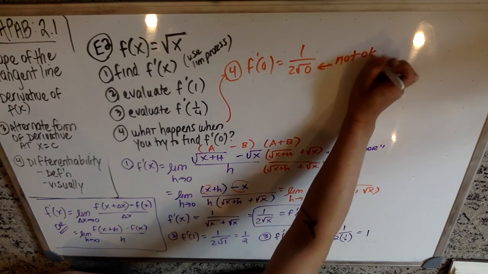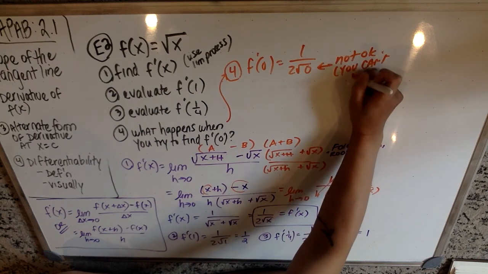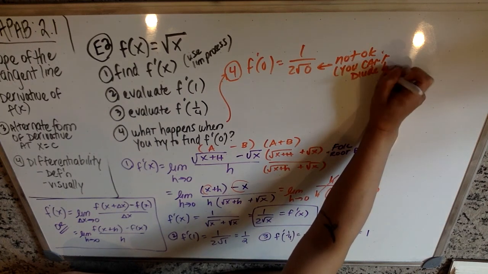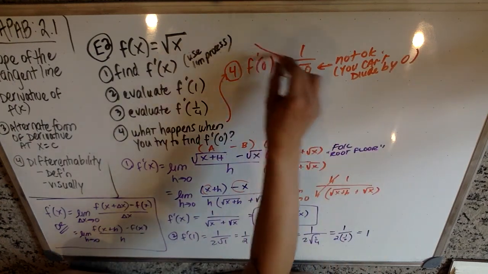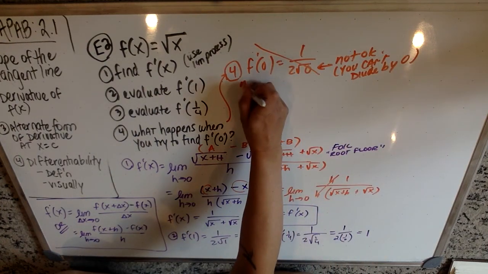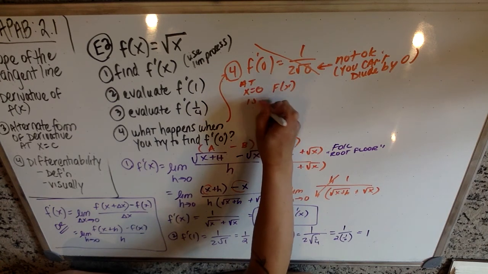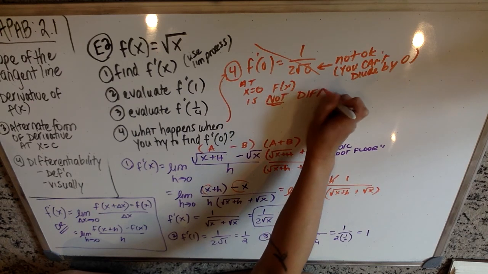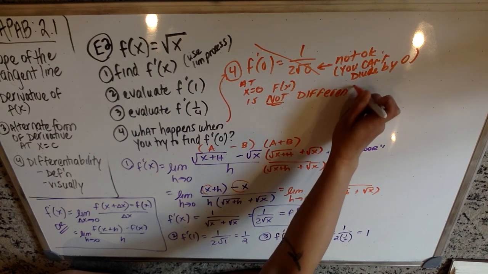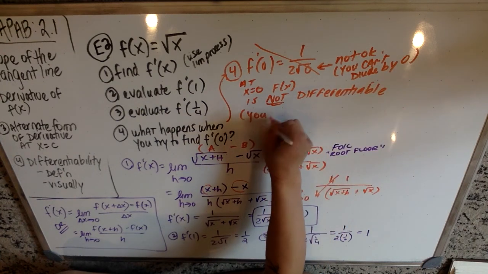You're not allowed to divide by 0, so you can't divide by 0. So that's not the answer. The answer is at x equals 0, f of x is not differentiable. And that's what we're going to talk about in the last videos once we get through the next couple things. So it's not differentiable. You cannot take the derivative.